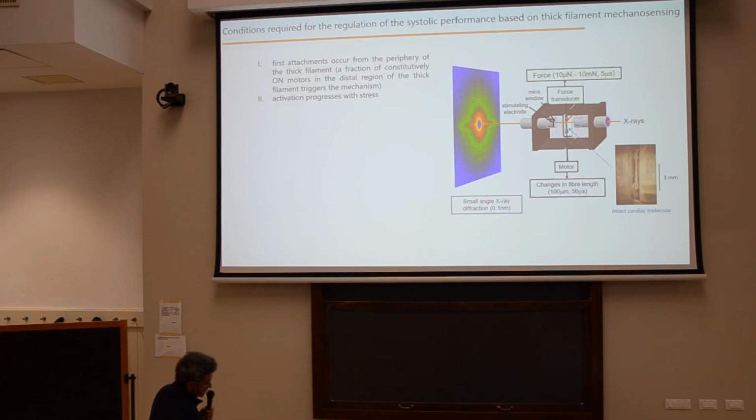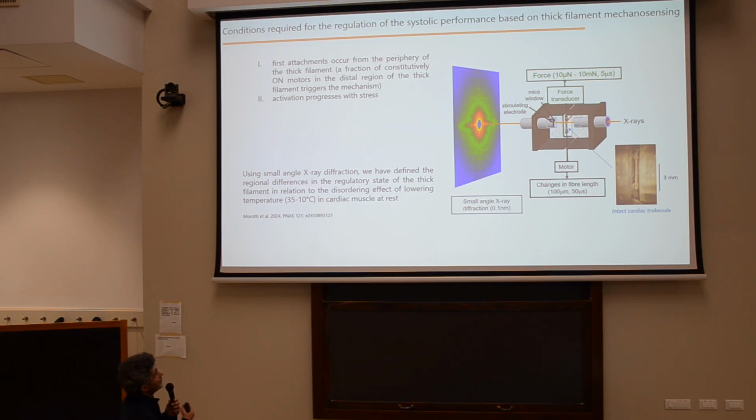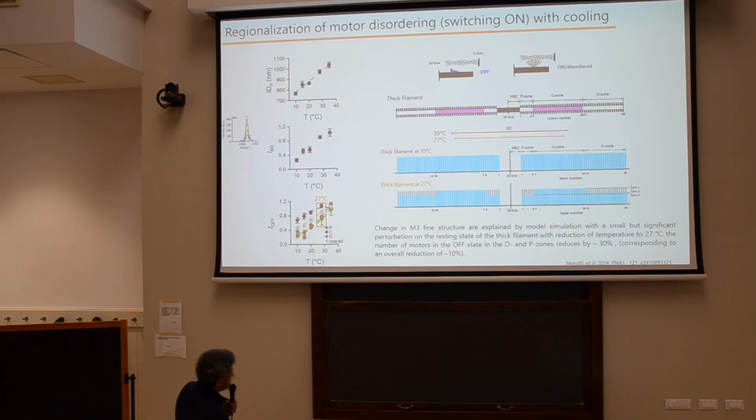So the first point is just to try to define if there are regional differences in the regulatory state of the thick filament. We perform the experiments at 27, 28 degrees, because in literature usually experiments are done at this temperature. The sample is an intact trabecula or a papillary muscle isolated from rat heart, and just to check the regulatory state, we use different temperatures.